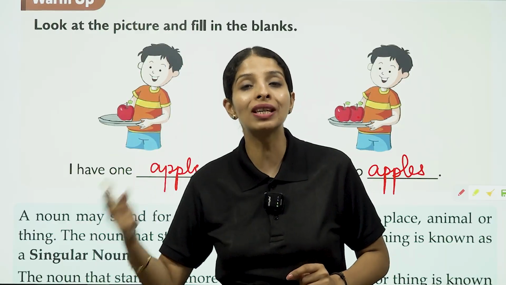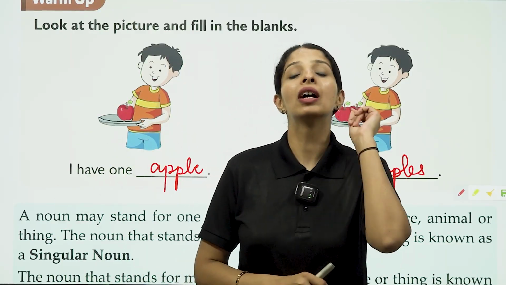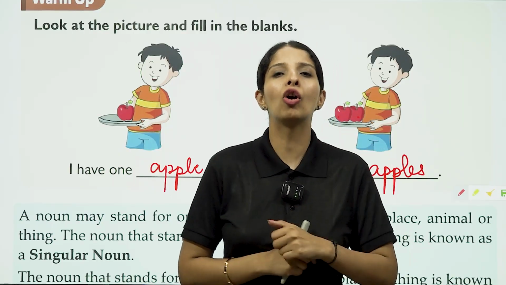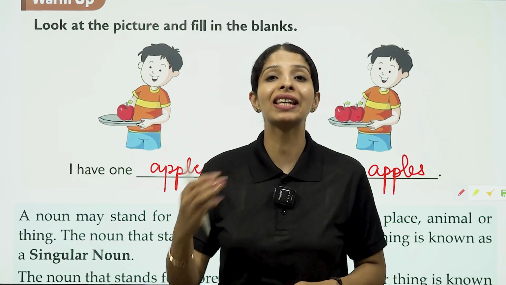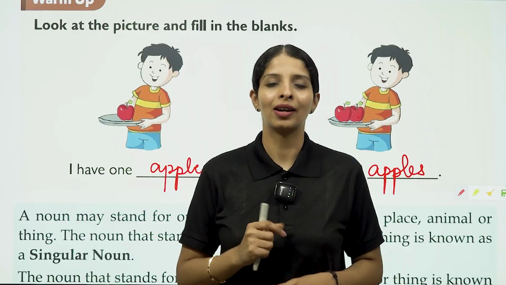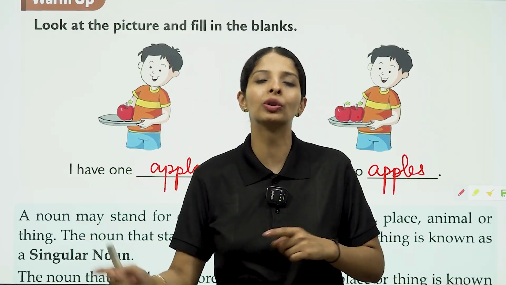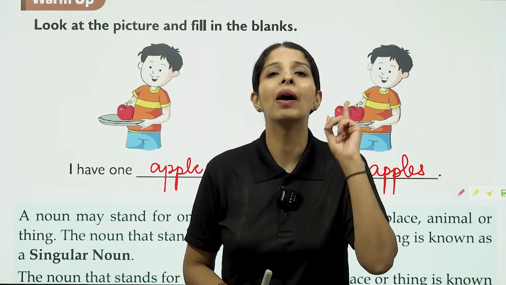Many roses, 3 roses. Suppose I have one water bottle. So, bottle. Now, if I have 3, then I will say I have 3 water bottles. So, here bottles is plural and bottle, when I talk about one, it is only bottle.